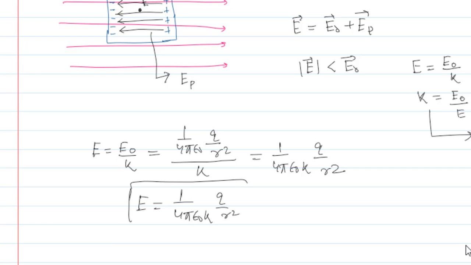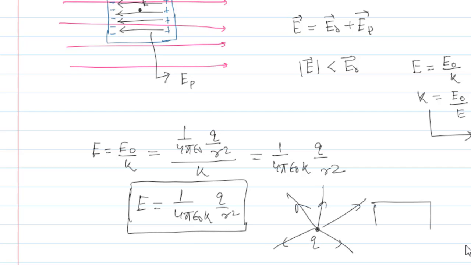So this is the electric field in a dielectric when the source charge is a point charge, that is like this. So this is the point charge, the source charge, and its electric field is like this, right? And suppose here we have the dielectric material and you are finding the electric field inside this one. Because of this point charge q, we'll have the applied electric field in this direction, and the electric field due to polarization will be in the opposite direction.